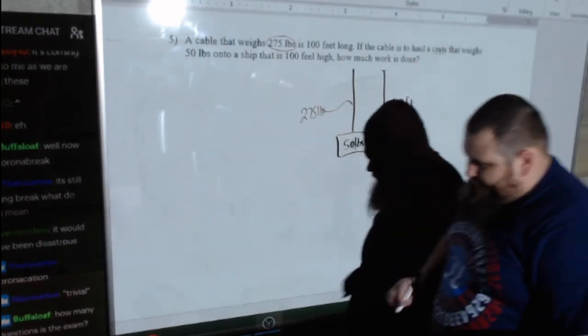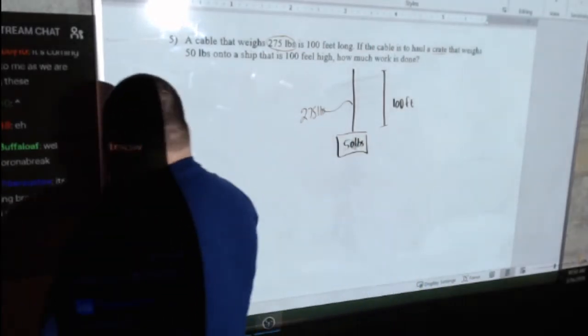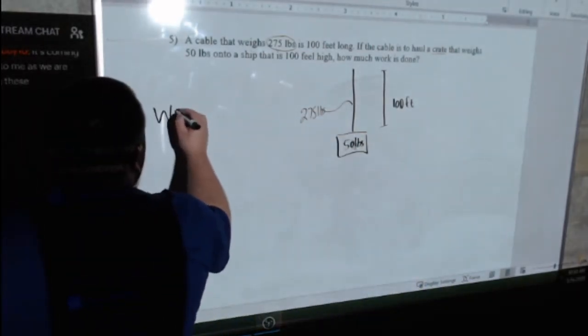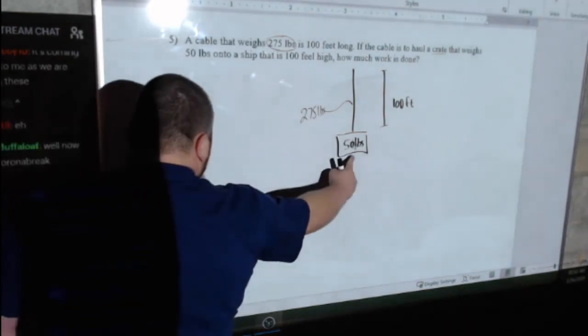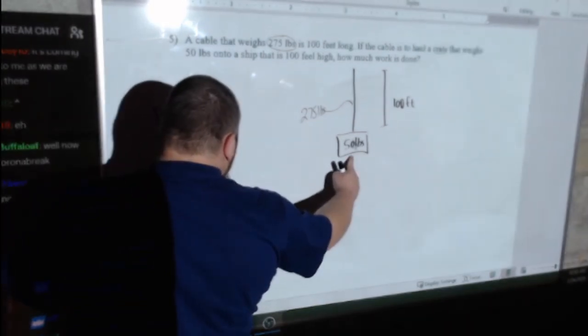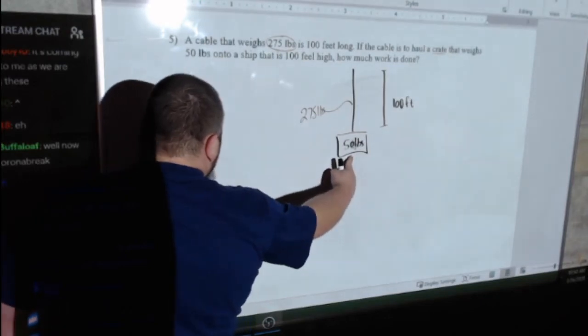Well, work is equal to the force times the distance. The force is really the weight. So 50 pounds has to travel 100 feet.